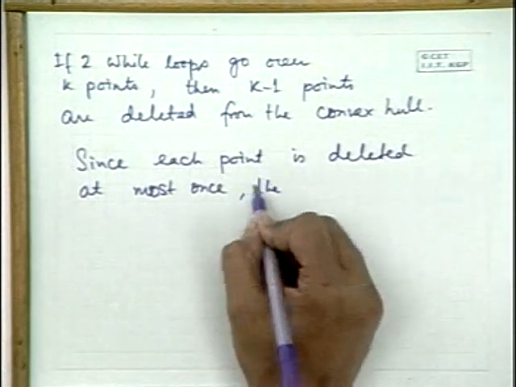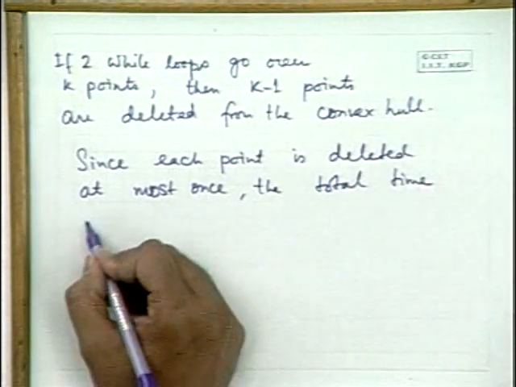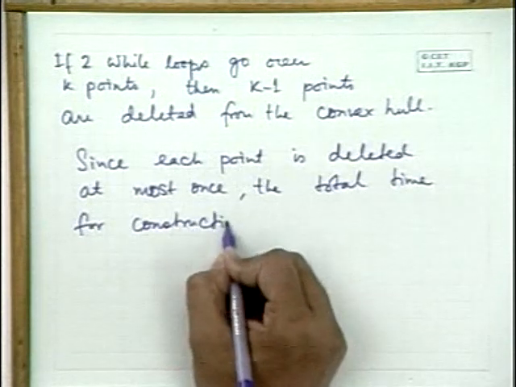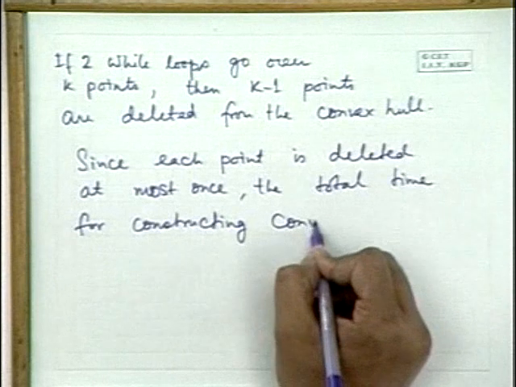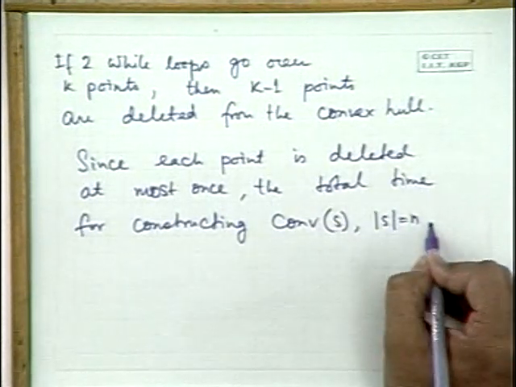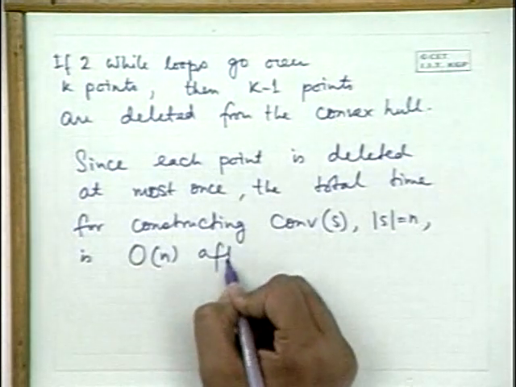the total time for constructing the convex hull of S, where the size of S is n, is order n after sorting.